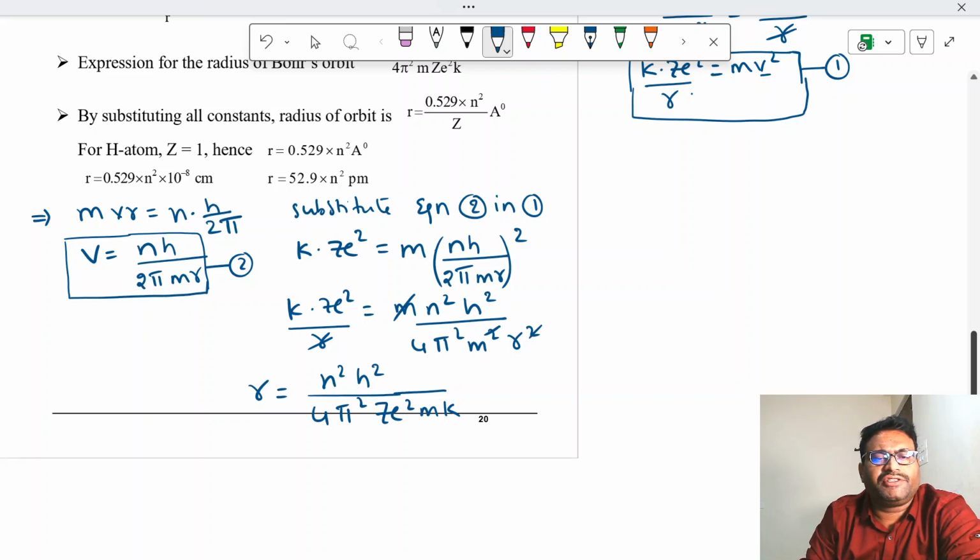So to calculate the radius of the nth stationary state, what did we find? The formula n square h square by 4 pi square Z square m into k.